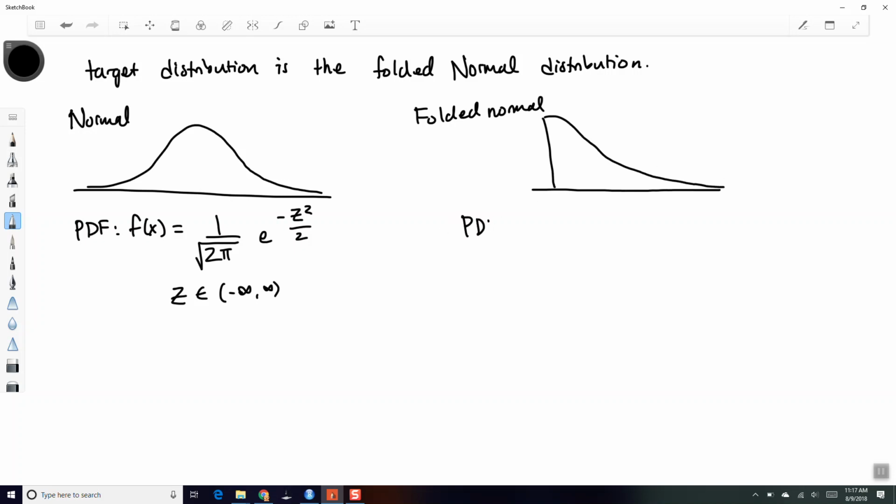And so its PDF, what will its PDF be? So this time, over here we had f of z. In this case, our domain of x goes from 0 to infinity. So f of x would be what?